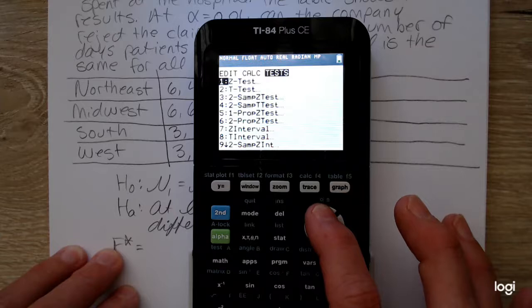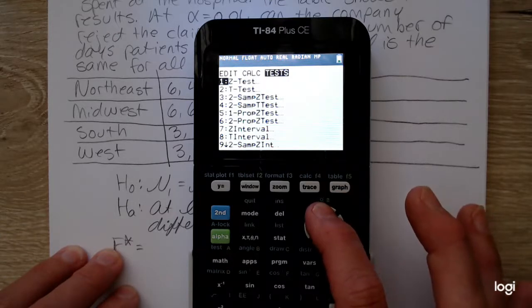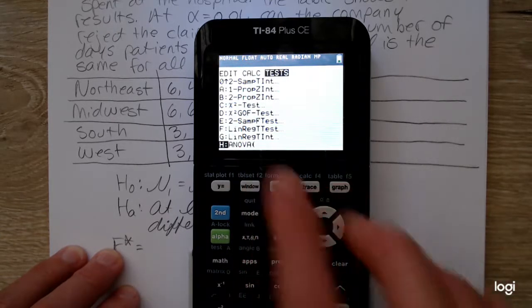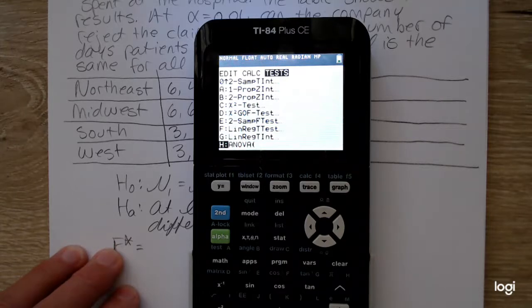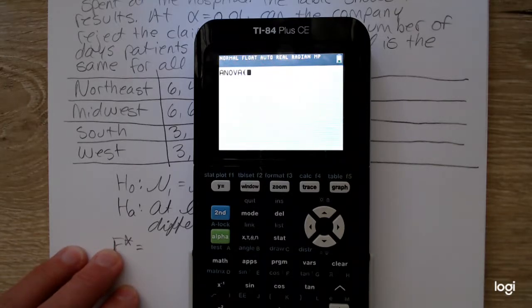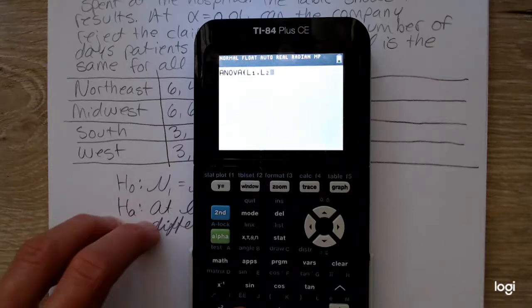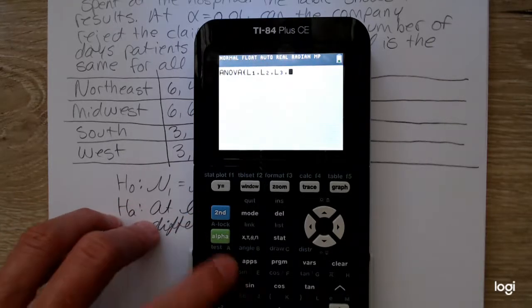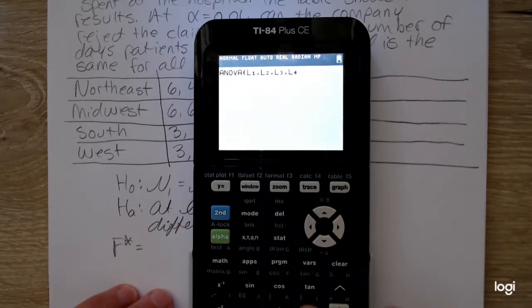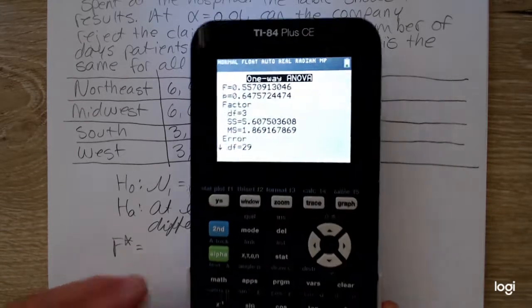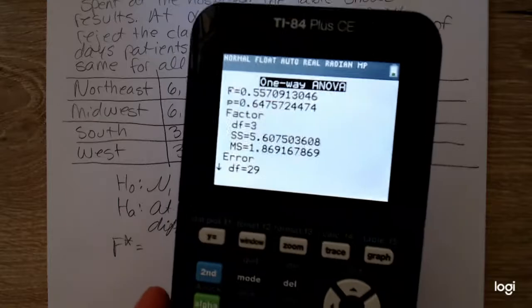So you could either scroll up or scroll down. And there it is, analysis of variance. Now you need to tell it the list where you have your data. And so I had 4 lists. I want to enter those separated by a comma. Press enter, and it will give the information.